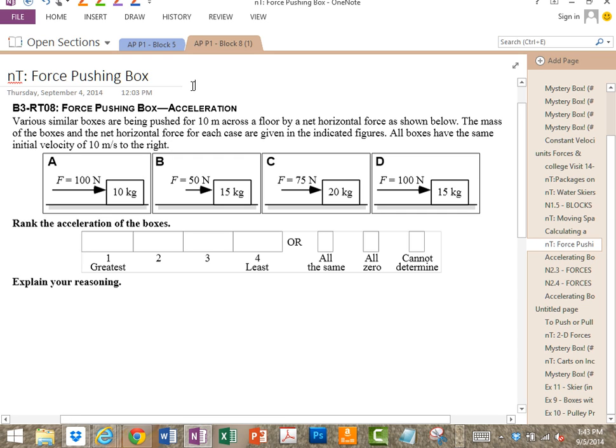I'm not sure about the last one. Is the last one 15? D, yeah, 15 kilograms. I'd go A first, and probably ABCD.